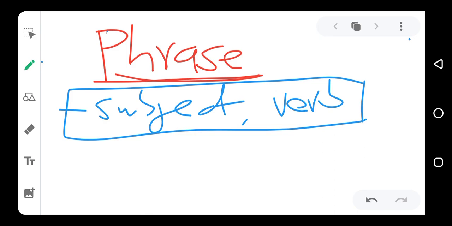Sometimes a phrase does not contain either of them. That means that a phrase may not contain a subject and may not also have a verb. So that is what we call a phrase in English language. A grammatical unit that consists of two or more words without having a verb and a subject together in the words.